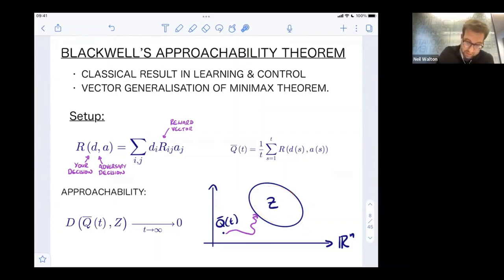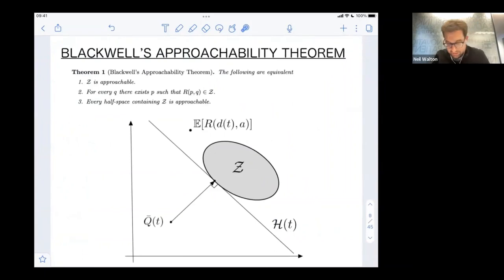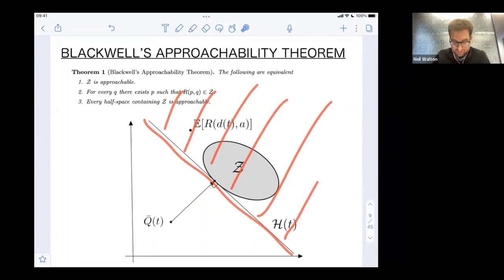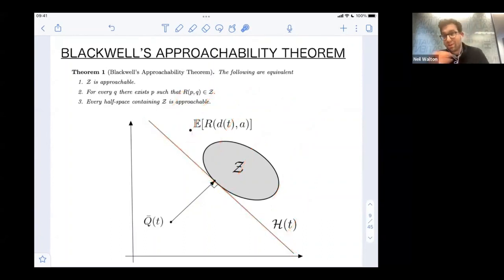What Blackwell proved is there's a condition for approachability: if I take my state here and project it onto the convex set, and I can guarantee that the average reward or movement I get is on this side of this hyperplane after the projection, then I can always guarantee approachability to the set. So provided the movements have this property that they lie on this side, I can guarantee approachability, or getting close to this set over here. Okay.